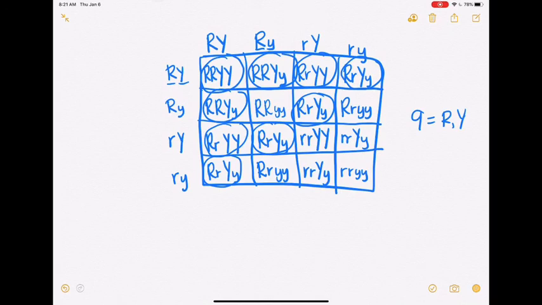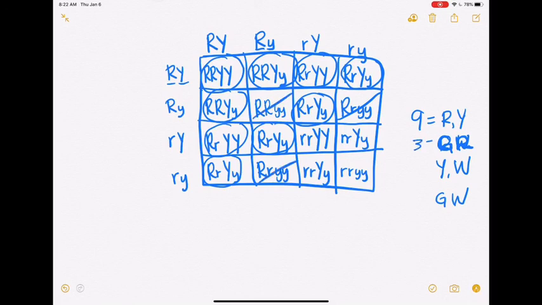And then you would keep counting for the other ones. Green and round, those are going to have 2 little y's and at least one big R. So that's that one, and that's that one.